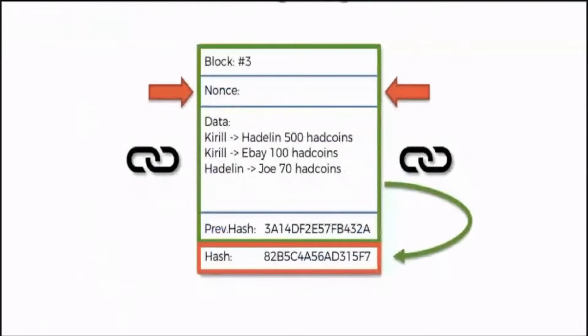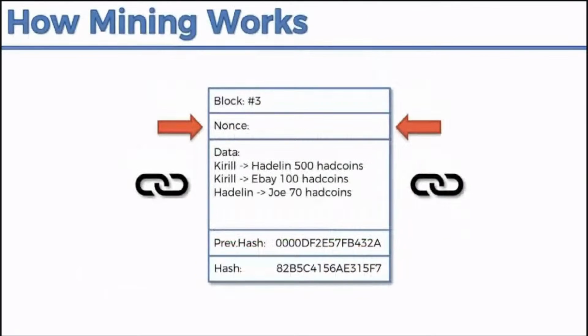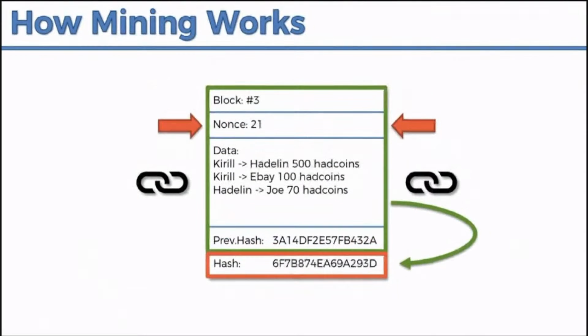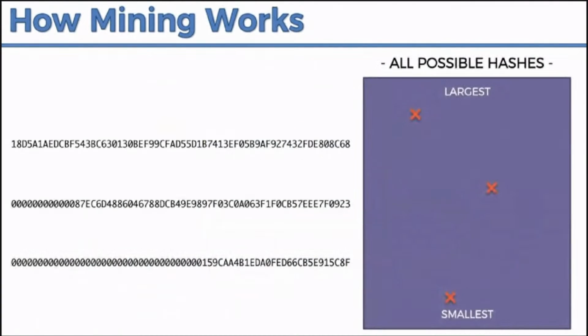What transaction does he want to do? He wants to have a transaction with some data, a previous hash value and a hash value here. He is going to have a nonce value of 20 with this hash value, and a nonce value of 21 with this value, and now they have decided the possible hash values I can take for this particular blockchain network.